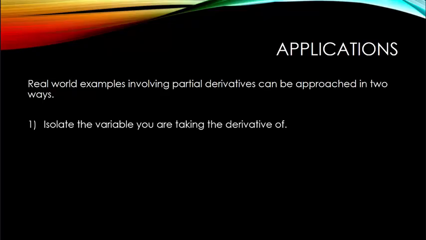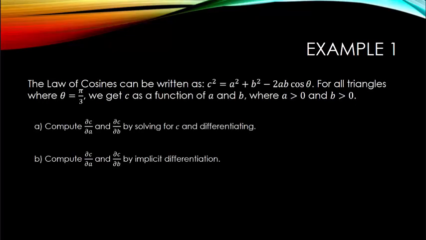One is to isolate the variable you're taking the derivative of, and this can be a very straightforward process, or you can have a function that makes it extremely difficult and risky to try and isolate that variable without making any mistakes. So if you can't isolate the variable easily, you can always take the second approach, which is to use implicit differentiation. So let's work an example.